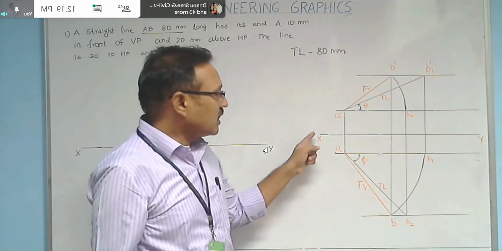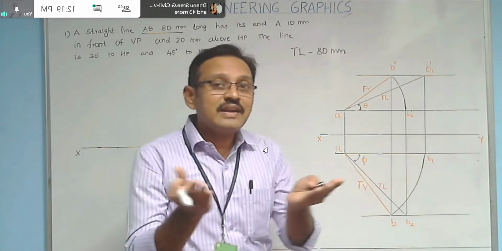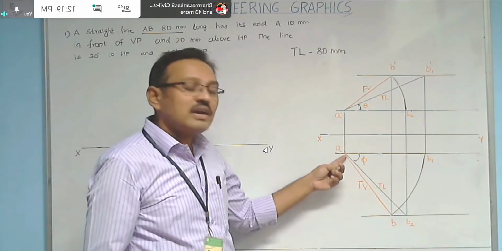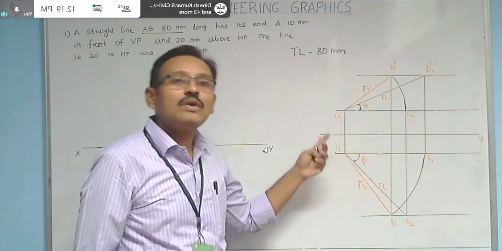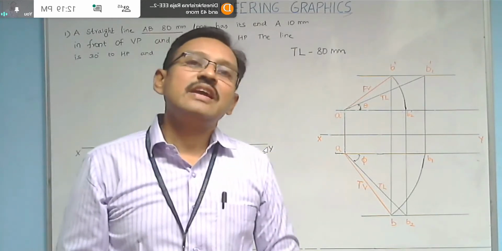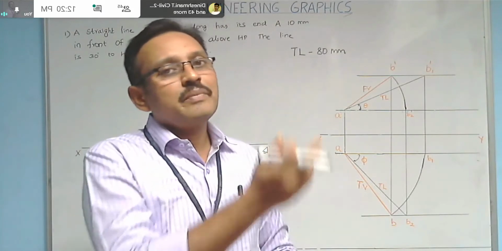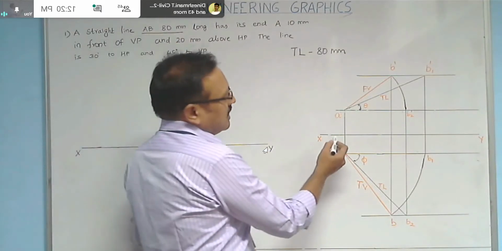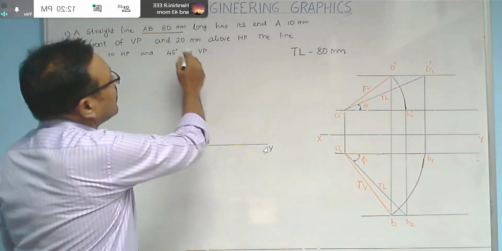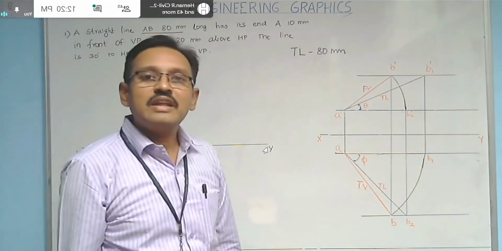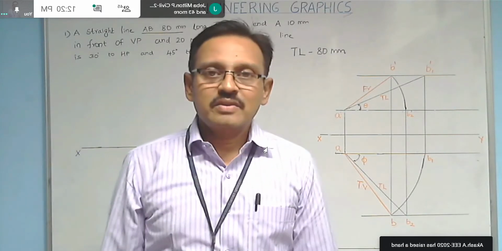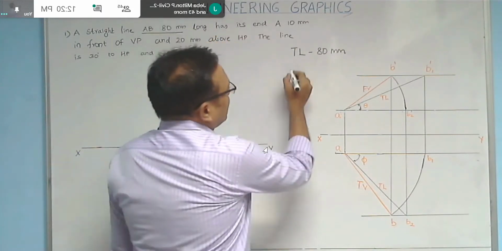In the first quadrant, XY is the reference line, the intersection of both VP and HP. 10 mm in front of VP means it is 10 mm below XY, because we always rotate the vertical plane through 90 degrees in the clockwise direction, so when you rotate it, it will come below XY. Similarly, the end A is 20 mm above HP, which means it is 20 mm above the XY reference line.